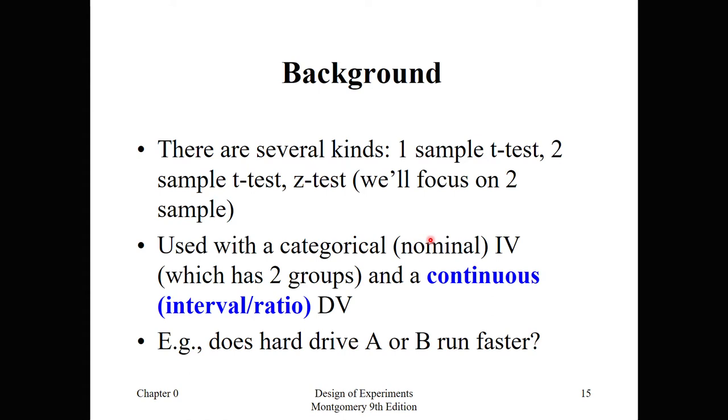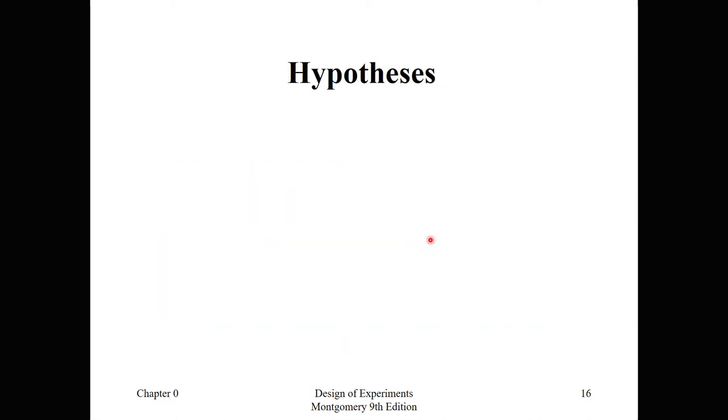With a two sample t-test, we compare two groups to each other, and what we're actually comparing is the means of the two groups to each other. So our hypothesis is written as mean 1 is equal to mean 2. Note that these are using population parameters, not the sample statistics. So in my hypothesis steps, when I'm writing out the hypothesis, I'm writing mu, which is the population mean.